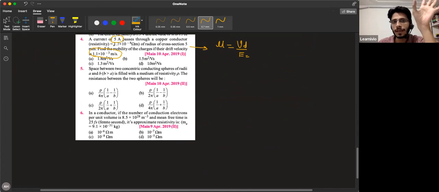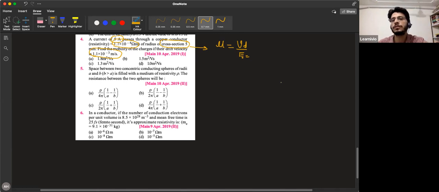Current is given, resistivity is given, area of cross section is given. But you don't need resistivity or anything; you need the electric field to calculate mobility. So do you remember any relation between current, electric field, resistivity? Yashika, can you think of any relation which can relate current, resistivity, electric field?